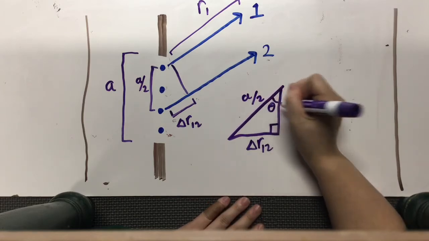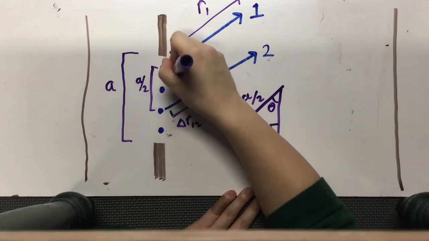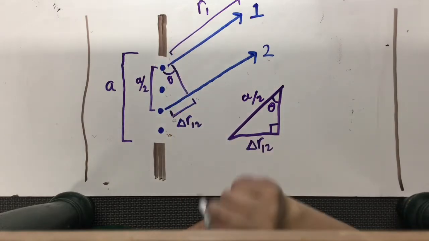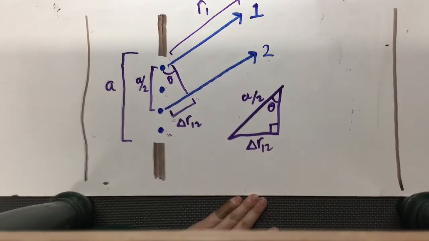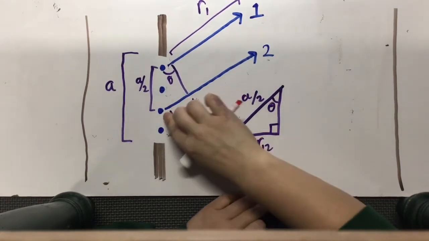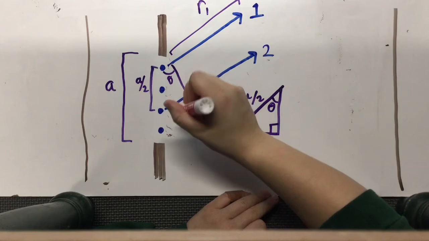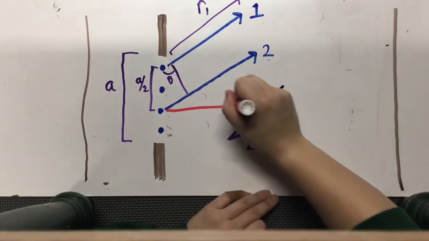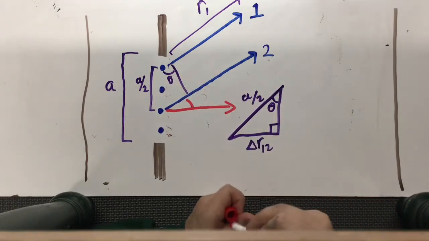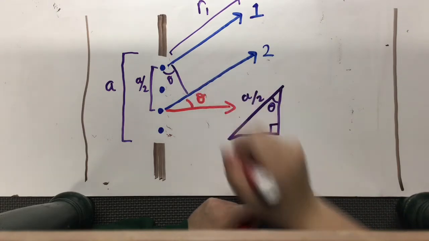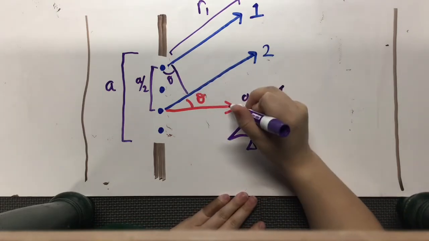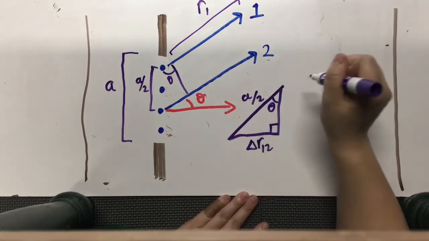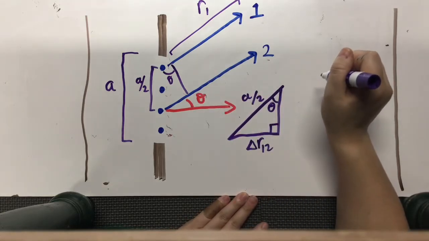And we can also get an angle of theta. This angle here is actually equal to that angle there. From this theta value, we can determine the angle to each maxima.